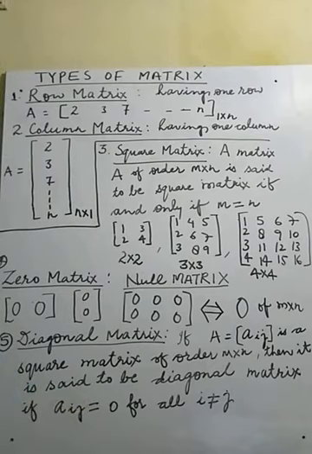If i and j are equal in the arrangement, those are not 0. Except these, all the elements are 0. Try to follow. If i is not equal to j, the elements are 0. The elements a11, a22, a33 are not 0. Except these, the other elements are 0.